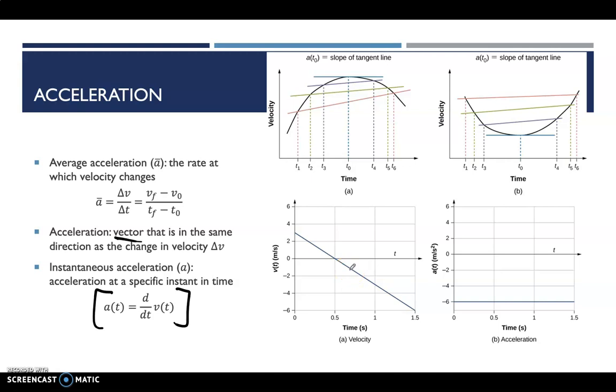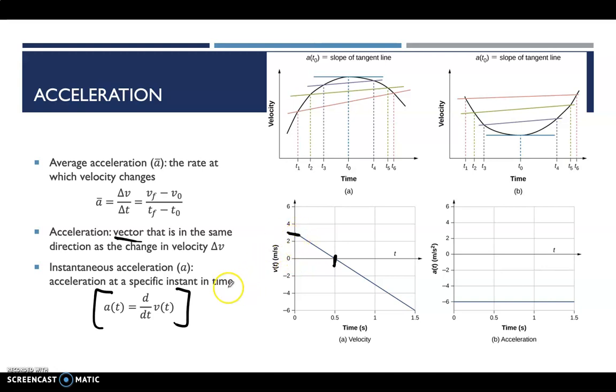Remember when we were looking at the position versus time graph and the velocity versus time graph, the relationship was that to calculate the velocity, you found the slope of the position change with time. It's the exact same thing now. If we have this graph here, we can calculate it with this point and this point.